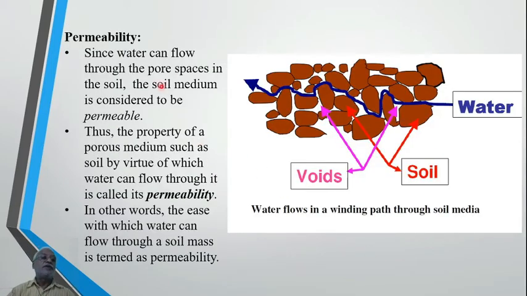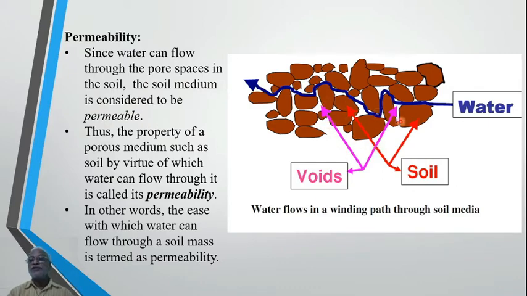Now there is a term called permeability. It is the ability of the soil to permeate water through it. Since water can flow through the pore spaces in soil, the soil medium is considered to be permeable, because there are interconnected voids.